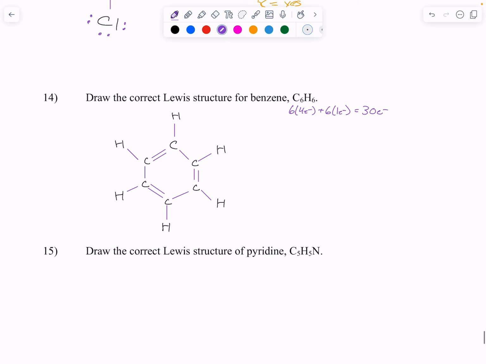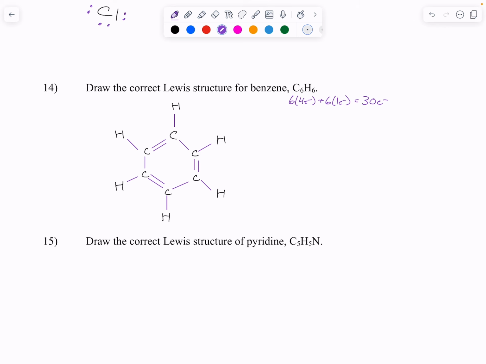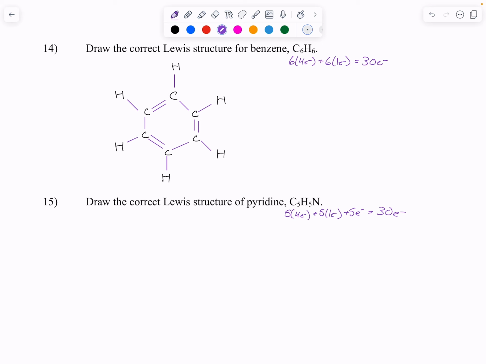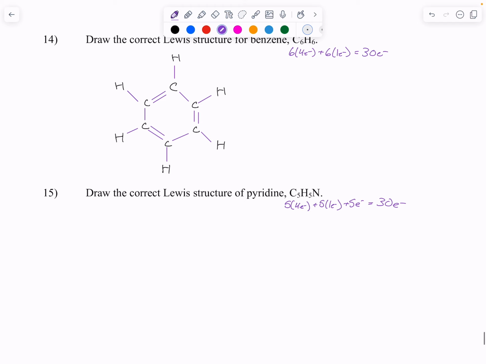Now if we look at pyridine, you still have 30 electrons again, except you have 5 times 4 electrons, plus 5 times 1 electron, plus 5 electrons, gives us 30 electrons. And so pyridine is very similar to that of benzene. In fact, I'm going to cheat, because I can cheat here.